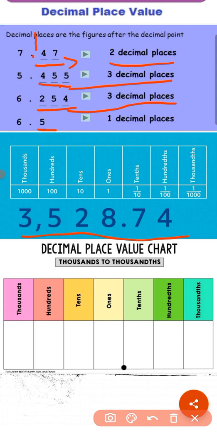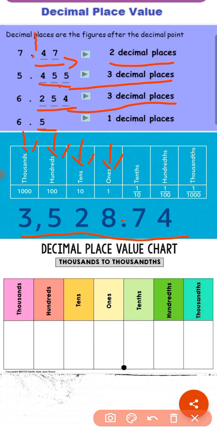3528.74. The places are 8 ones, 2 tens, 5 hundreds, 3 thousands. That is on the left side of the decimal. This is the decimal point.